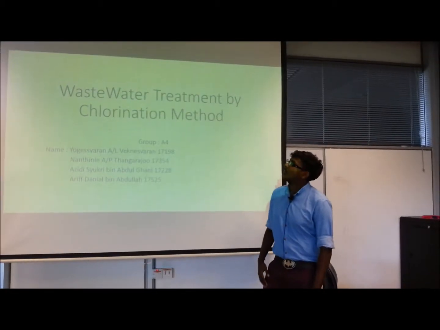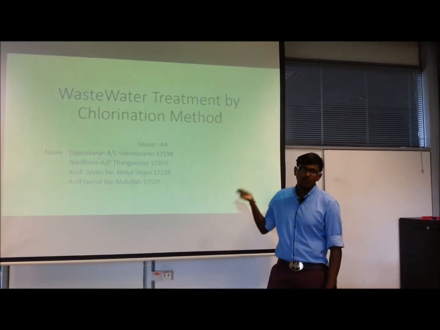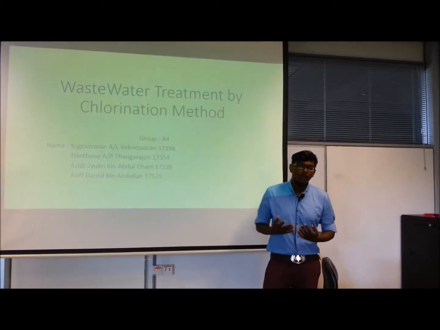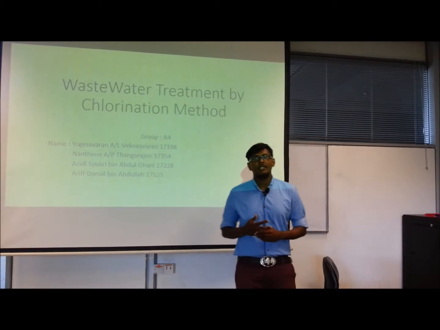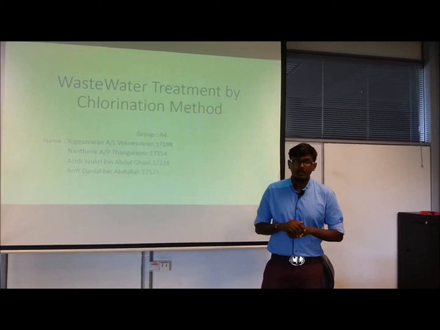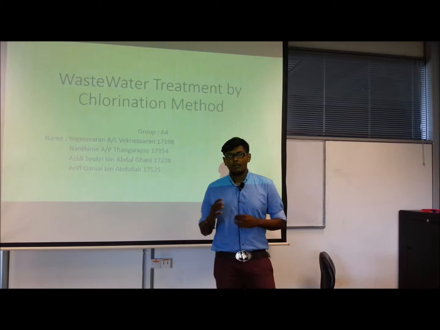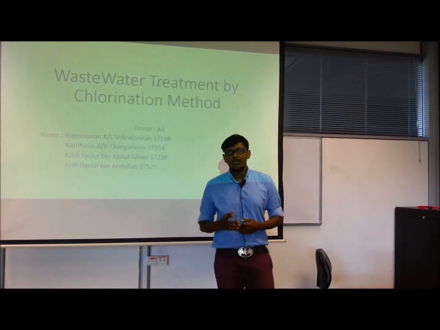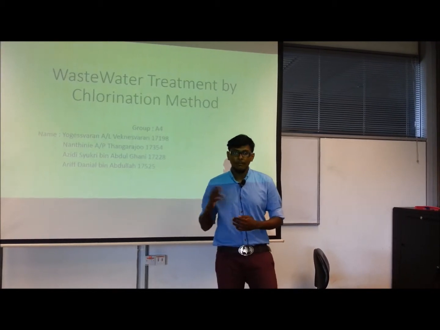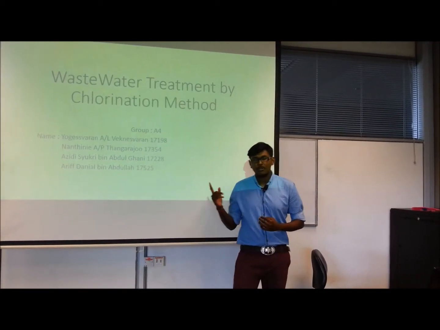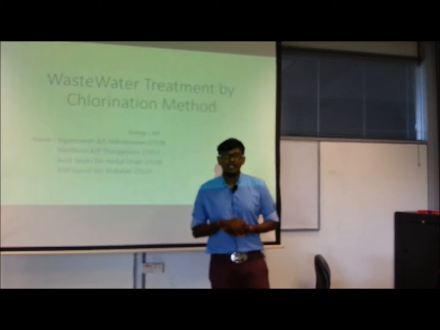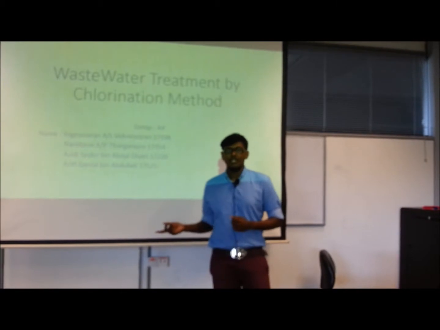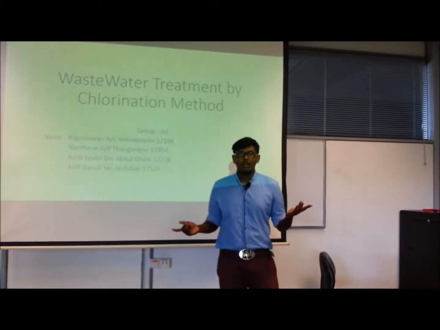Okay, today I would like to present on wastewater treatment using the chlorination method. I will make clear what wastewater treatment is about and why we are using the chlorination method. Industrial wastewater treatment is a process or mechanism to treat water that has been polluted or made impure by anthropogenic and commercial industries, such as chemical industries and logging industries.